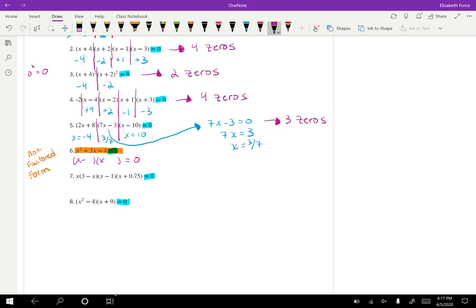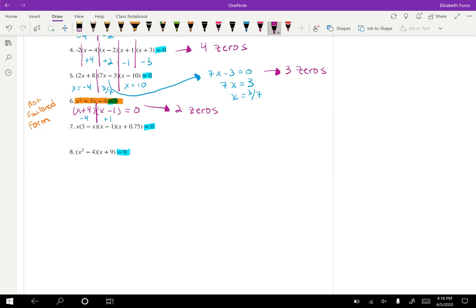So we're going to get a positive 4 and a negative 1, because 4 times negative 1 is negative 4, and 4 take away 1 is going to give you that positive 3. So now that we have it in factored form, negative 4 makes the first one 0, and positive 1 makes the second one 0. So this polynomial has 2 zeros.